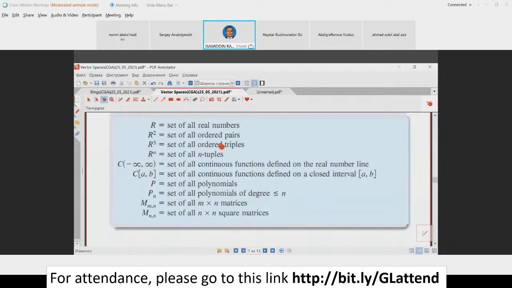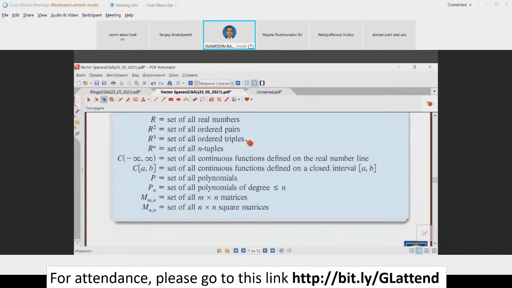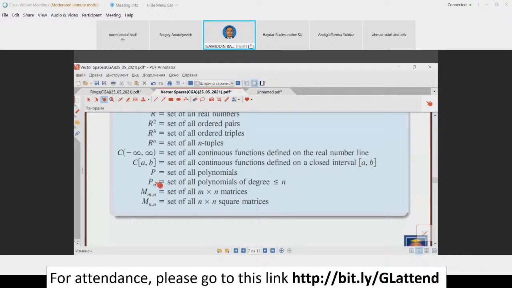Here are some notations which are used in linear algebra. R is the set of real numbers, R squared is the set of ordered pairs, R cubed is the set of ordered triples, R^n is the set of n-tuples. C[a,b] is the set of continuous functions on the closed interval [a,b]. P is the set of all polynomials.